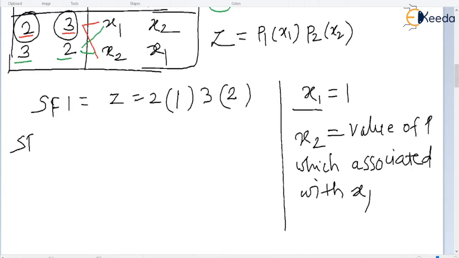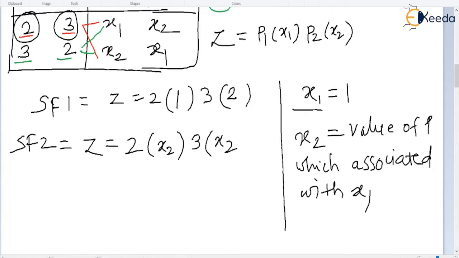Now similarly we will go for SF2. For that also we write Z. Now again, 2 in bracket X2 and 3 in bracket X1. So 3 in bracket X1.